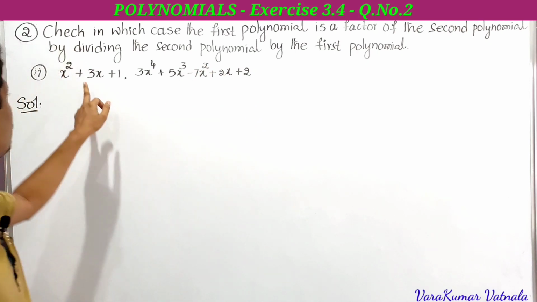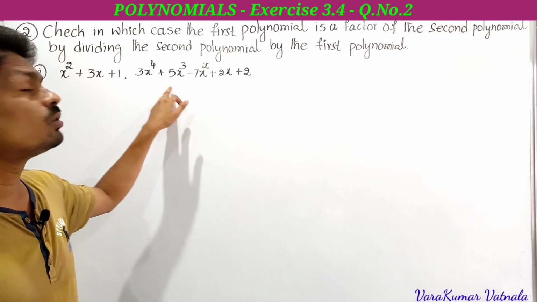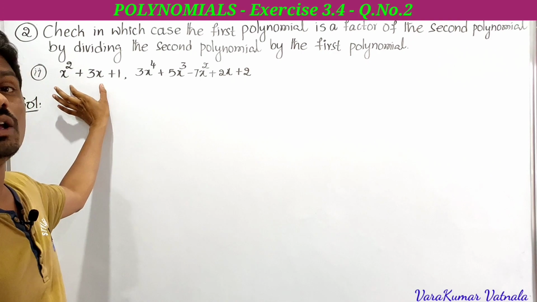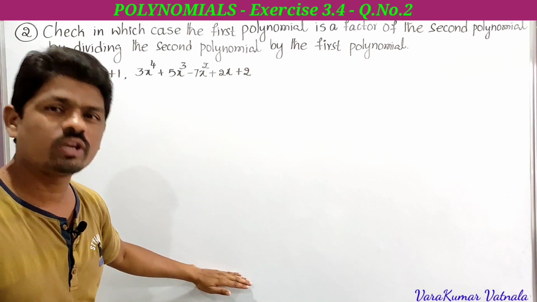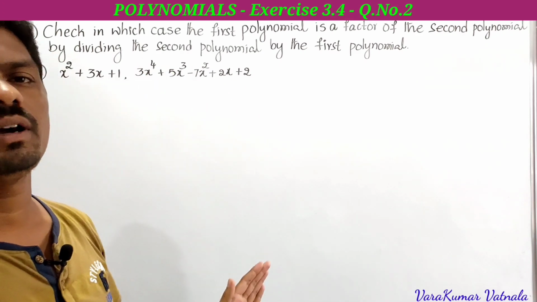Now I have to check whether the first polynomial is a factor of the second polynomial. By dividing the second polynomial by the first polynomial, we have to check. If we get the remainder 0, we can say that the first polynomial is a factor of the second polynomial.